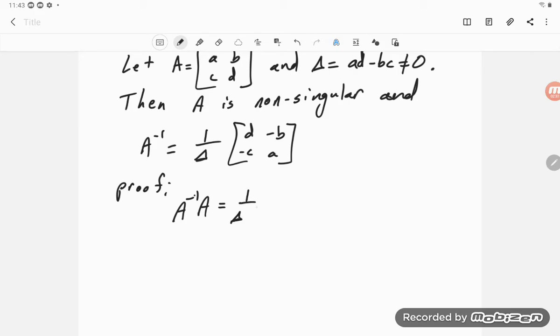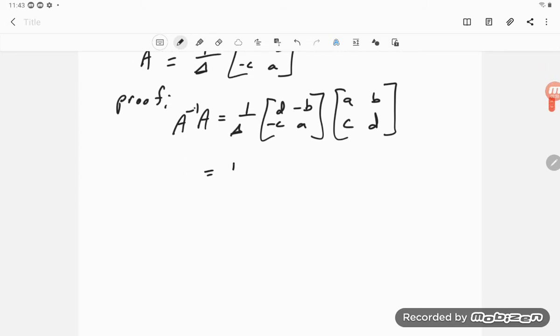and that's 1 over delta times D, minus B, minus C, A, and then times A, B, C, D. And so that's that scalar 1 over delta times, well, we get AD minus BC, and then BD and minus BD, that's going to be 0.